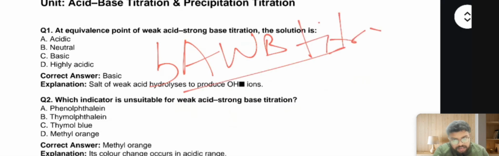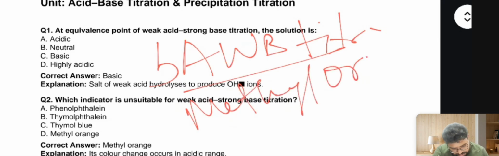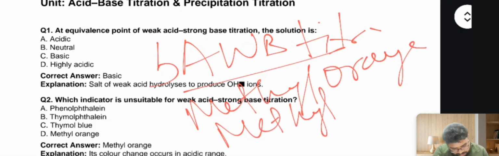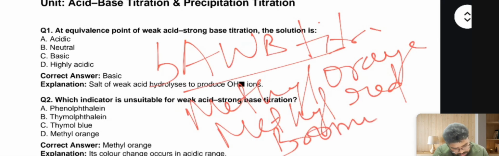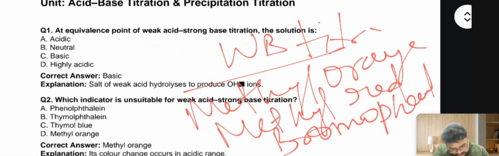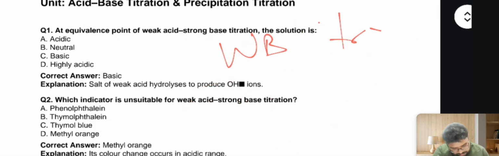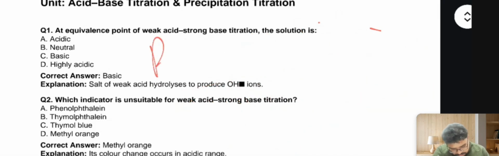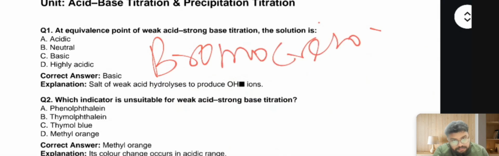In this we use methyl orange, methyl red, bromophenol blue and bromocresol green.